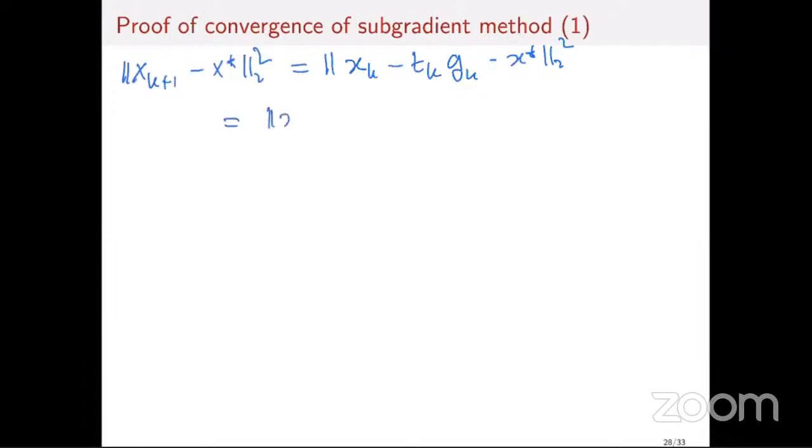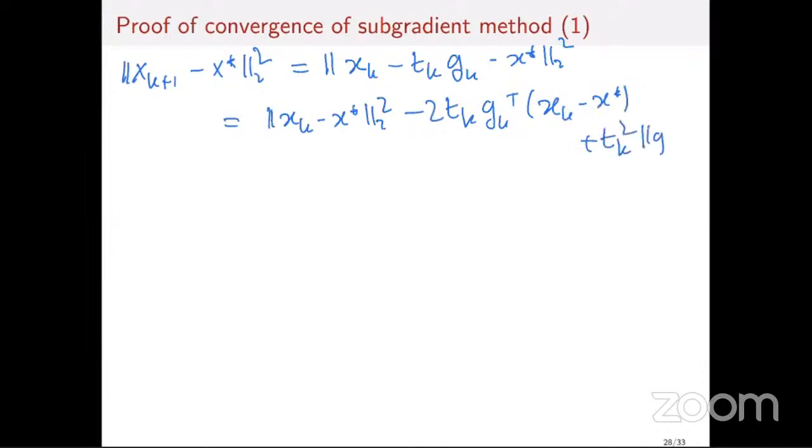So this is the norm of x_k minus x star squared, minus 2 t_k g_k transpose (x_k minus x star), plus t_k squared norm of g_k squared.